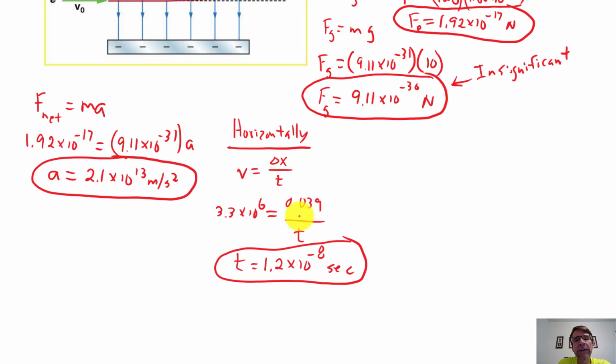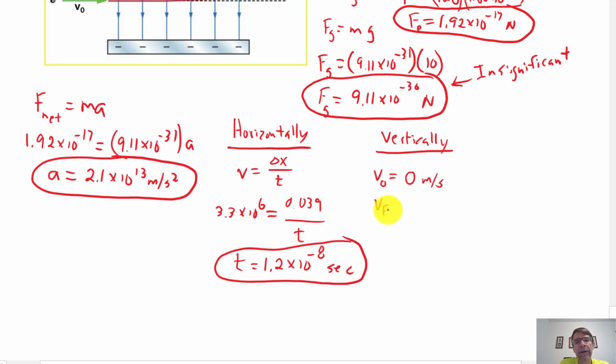But vertically at the same time, this is like a projectile problem. All right, so here's the little trick. As it enters that space between those two plates, it's only moving sideways. It's not moving up or down, so that's 0 meters per second. That's a little bit tricky. It's not the 3.3, the 3.3 is the sideways. So then we're going to have a v final.